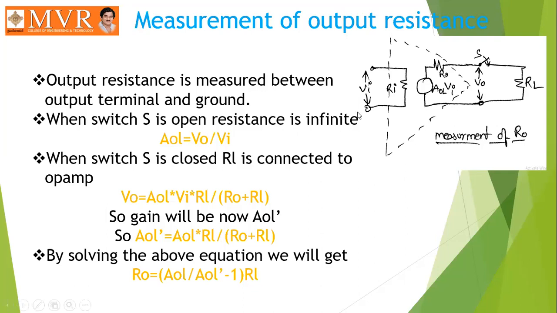So by solving the equation, we obtain AOL dash is equal to AOL into RL divided by R0 plus RL.